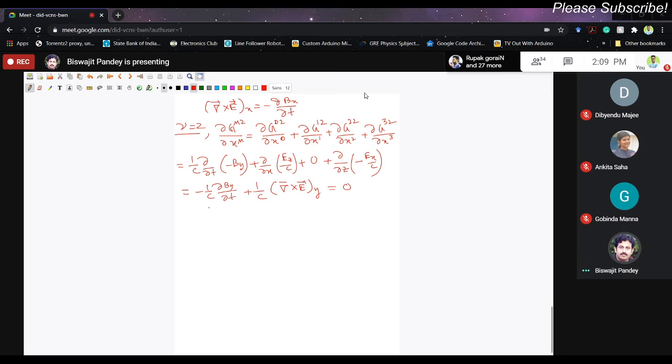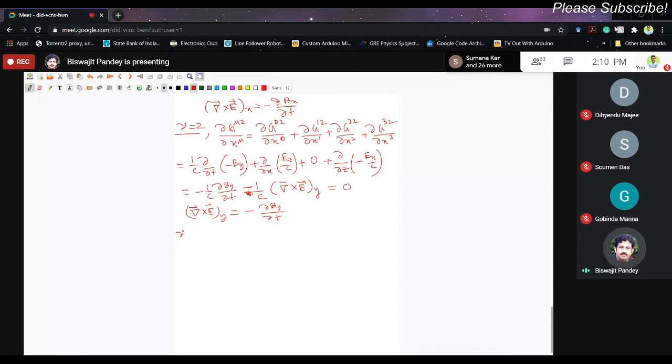So for this equation I get curl of E y component equal to minus of, sorry, this is minus sign, I mistakenly did it plus, you have to take minus common, then only it will come out to be y component of curl of E. Curl of E y component will be minus of del By del T. 1 by C gets cancelled from both sides.